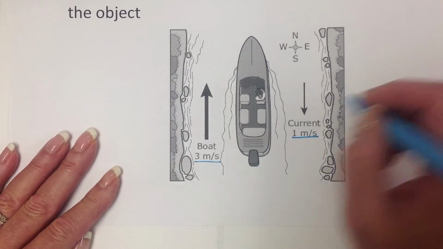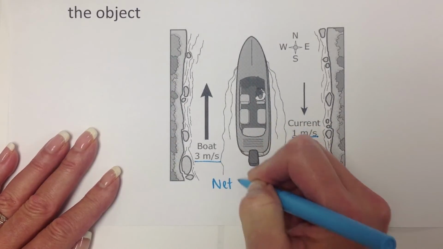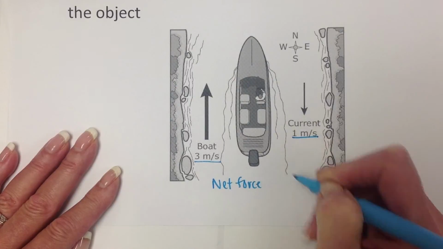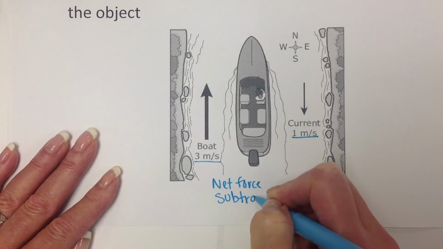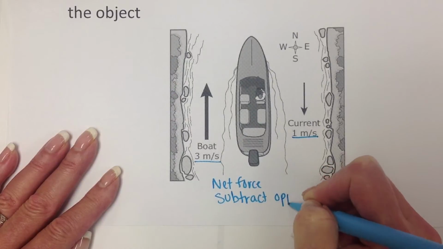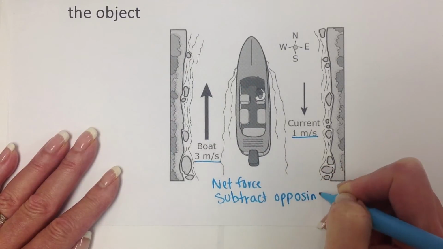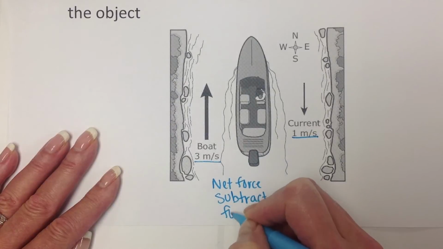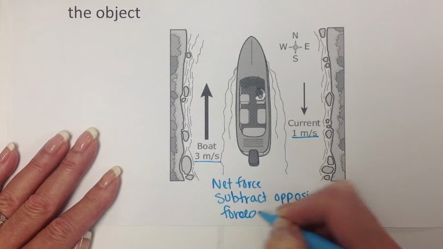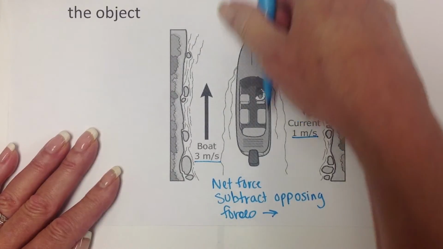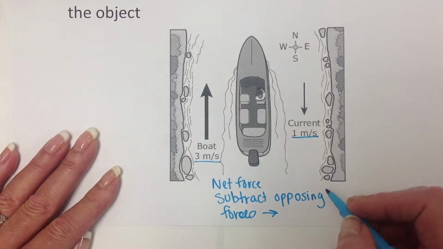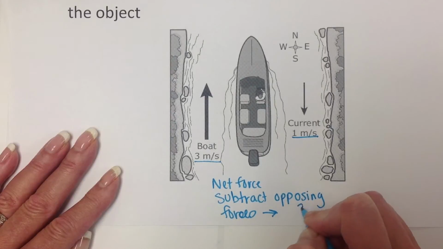So if you wanted to look at the net force on the boat, you have to subtract opposing forces. So if you have this 1 meter going this way, and 3 meters going this way, you're going to take the larger force, the 3, minus the 1.